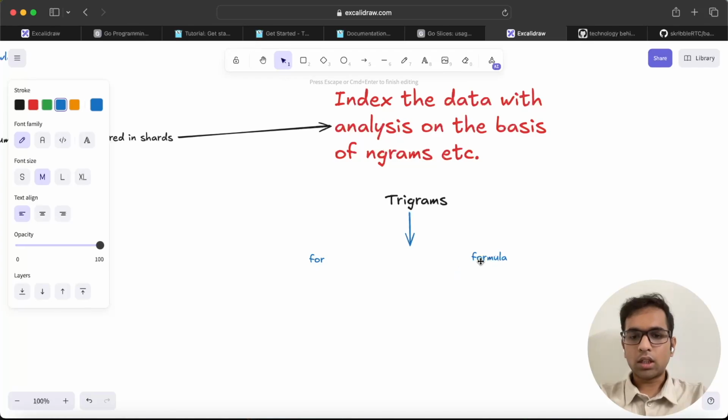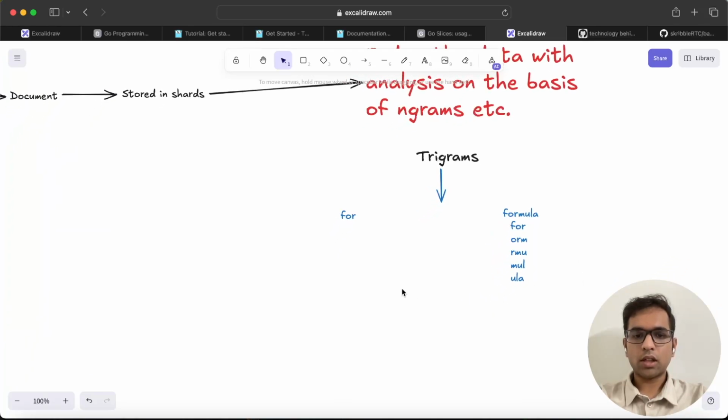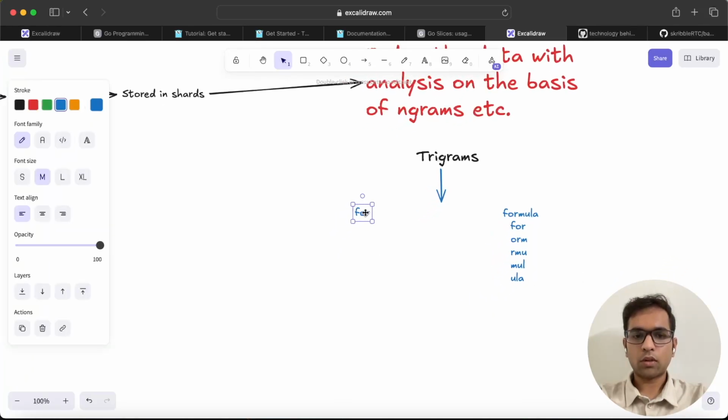The trigrams of formula are FOR, ORM, RMU, MUL, and ULA. So these are the trigrams of formula. Now let's say we query formula.